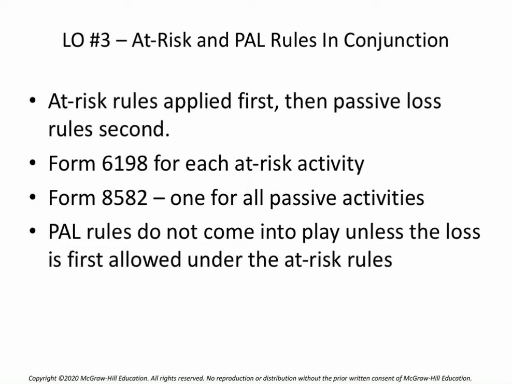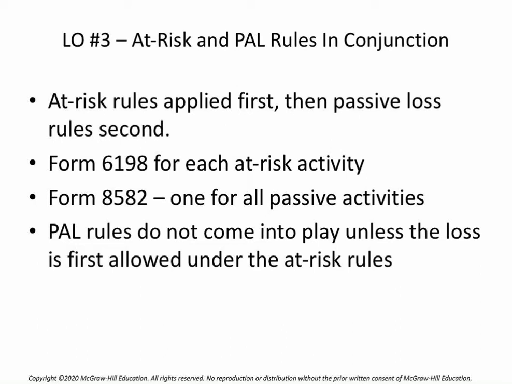So we're going to file Form 6198 for each at-risk activity, and then the Form 8582 is going to be for all passive activities. If we do not meet the at-risk rules, then we're not going to even get to the passive activity loss rule.